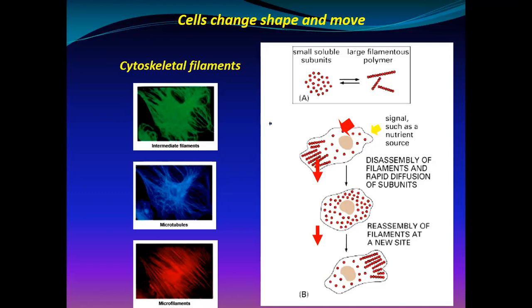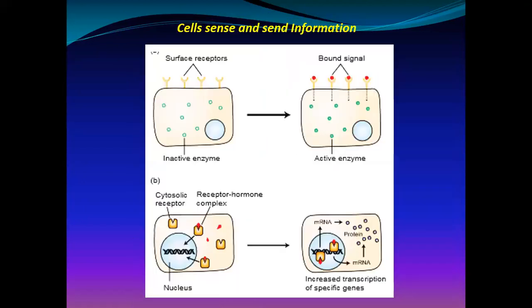So a cell can change shape and move. At the same time, intracellular transport can take place. At the same time, the cell should not be disrupted and damaged by external force. There are filaments called intermediate filaments which can protect them. Okay, so that is another function of a cell.